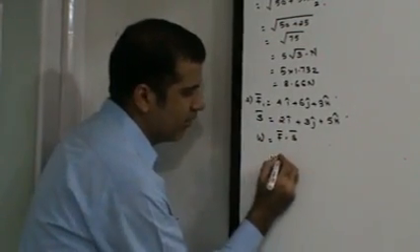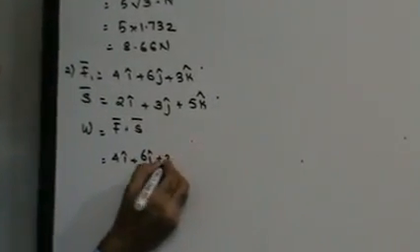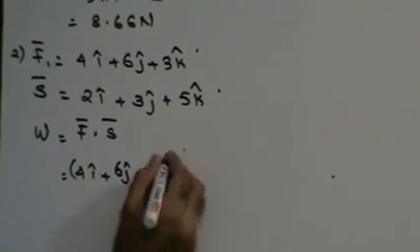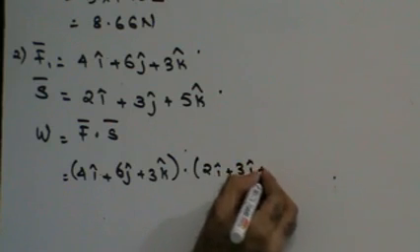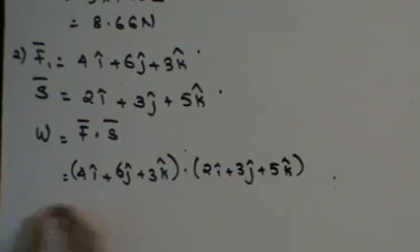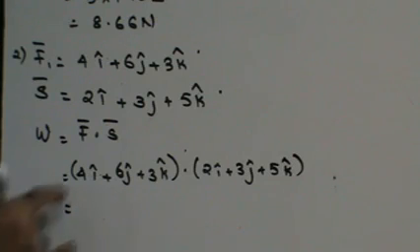So this is going to be 4i plus 6j plus 3k dot 2i plus 3j plus 5k. I had explained to you that when you are doing dot product, you have to multiply only the magnitudes in the similar direction.